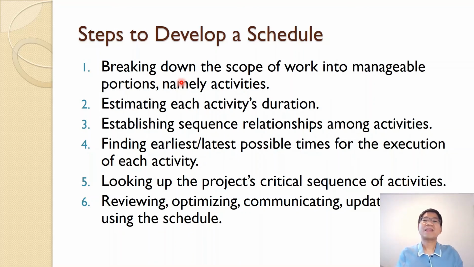And then we find the earliest and latest possible time for the execution of those activities. From that sequence and the time for each activity, you can find the project critical sequence. So what is the longest path for the sequence?